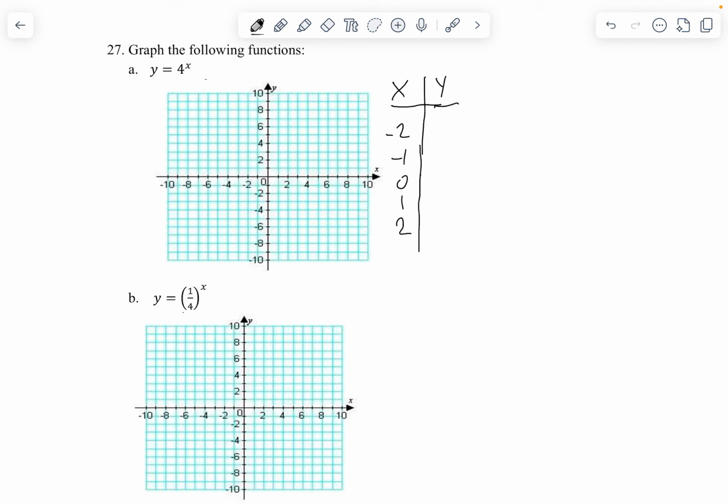If I plug it into the function, this gives me 4 to the -2, which equals 1 over 4 squared, which equals 1/16. 4 to the -1 equals 1/4. This is 4 to the 0, which equals 1. And then 4 to the 1, which equals 4. And then 4 squared, which equals 16.